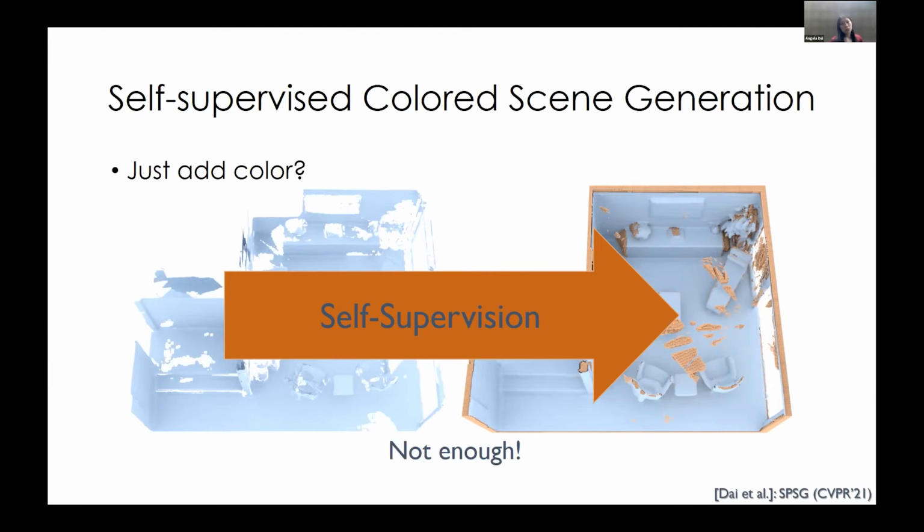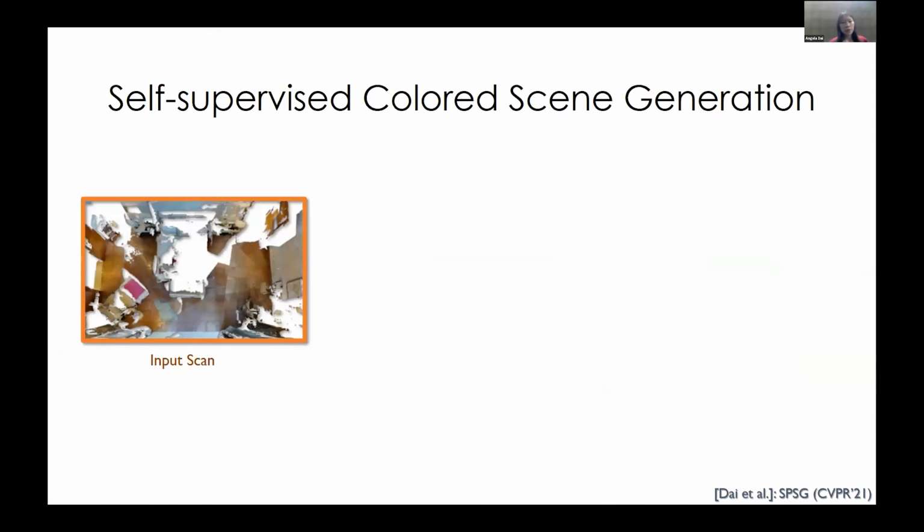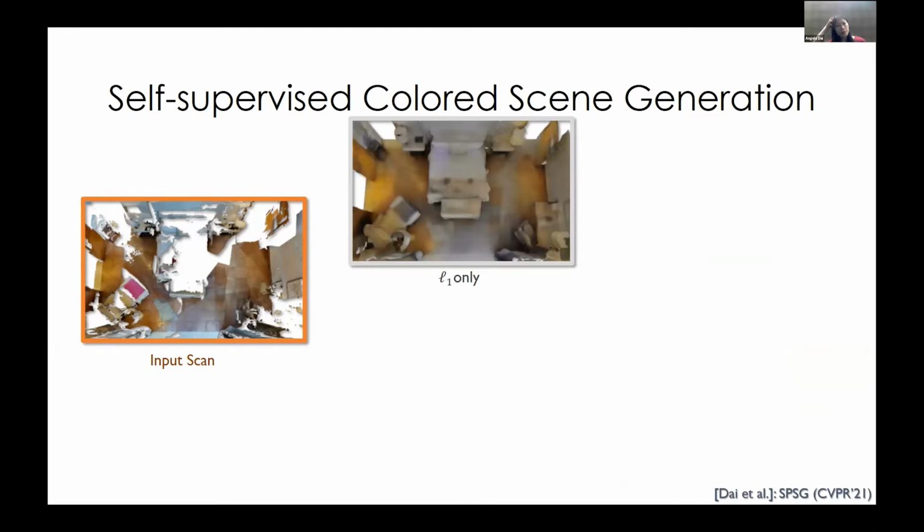So we instead move towards the 2D domain, where the frames that we have observed are complete within their own view. And so we can then compare differentiably rendered images from our 3D scene predictions in the 2D domain and guide them by the RGB frames that have been observed. So here we have an L1 reconstruction loss in order to ground the predictions.